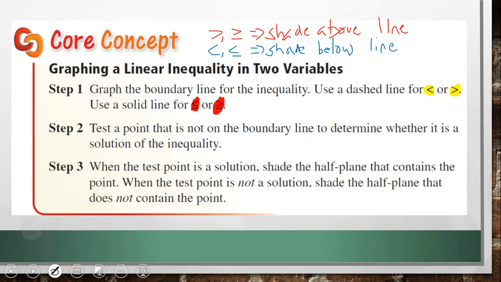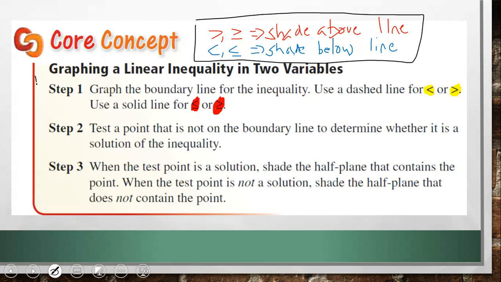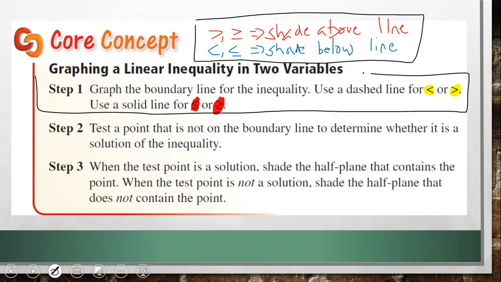This is very important. Make sure that you write this down as well as step 1. Steps 2 and 3 are giving you techniques to determine which way to shade in another way, but again, I like to think about it as shading above or below the line.